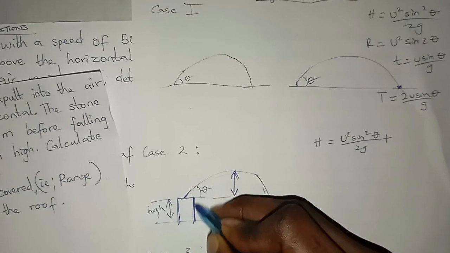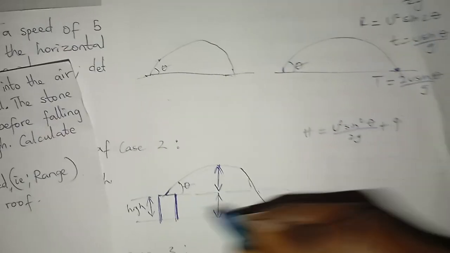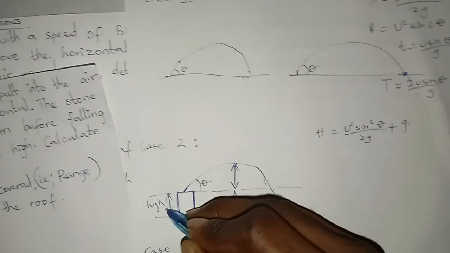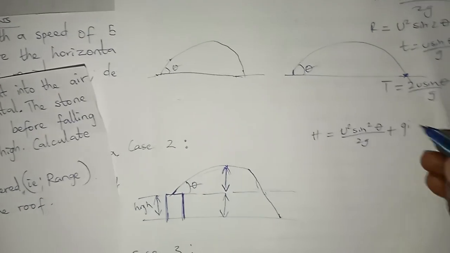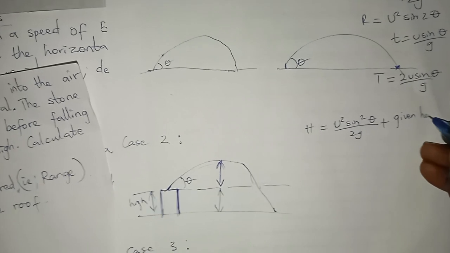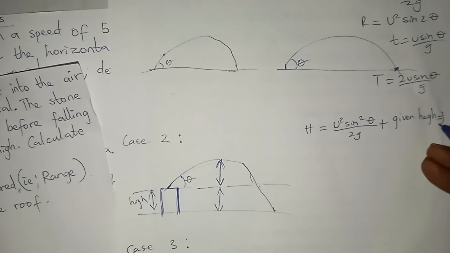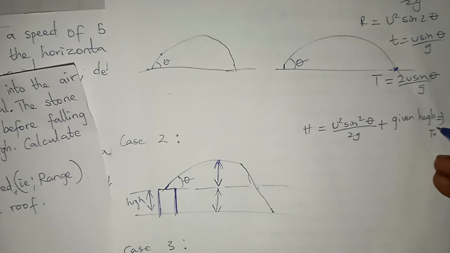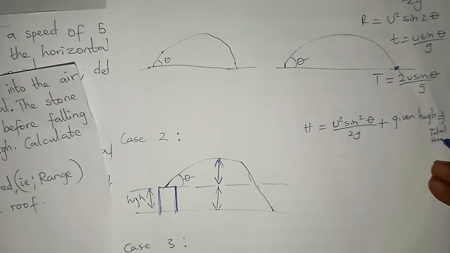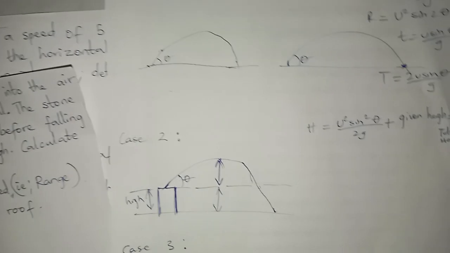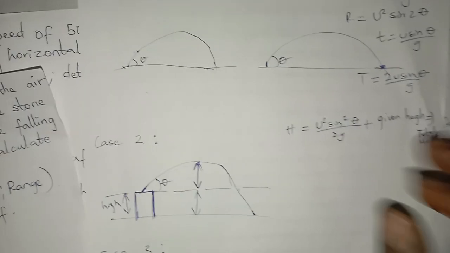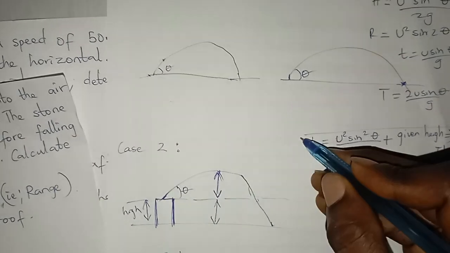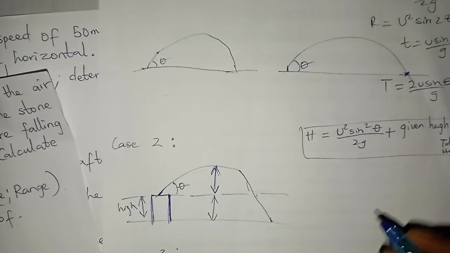Whatever they give you as this height, let's say 20, add it to what you get here. That becomes your total height, or your greatest height. That is how to find the maximum height in this case. Everything you are doing in case 2, you are doing twice.